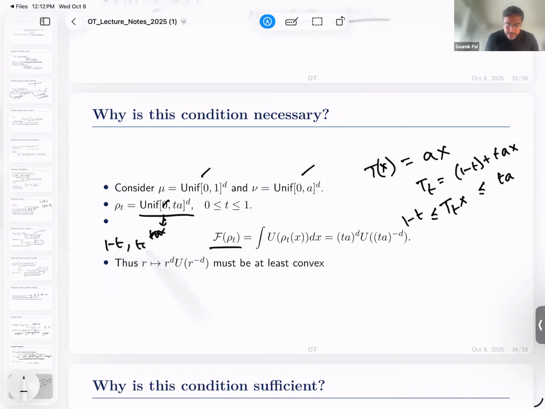I think this is correct. Okay, I'll correct this, I did a typo here. No, I'm doing something wrong here. This is 1 minus t times x, not 1 minus t.